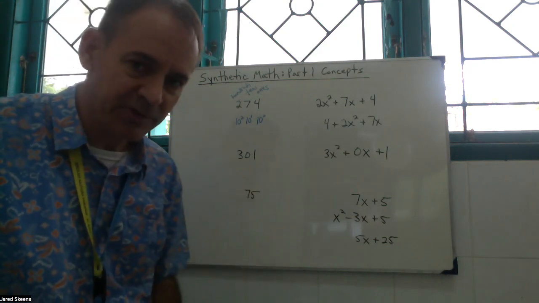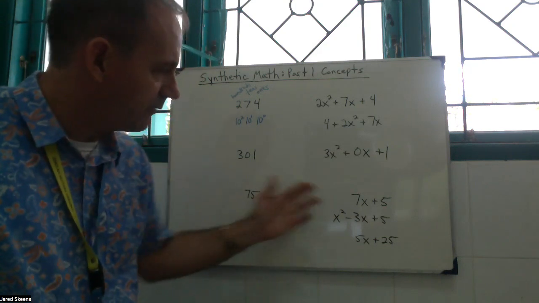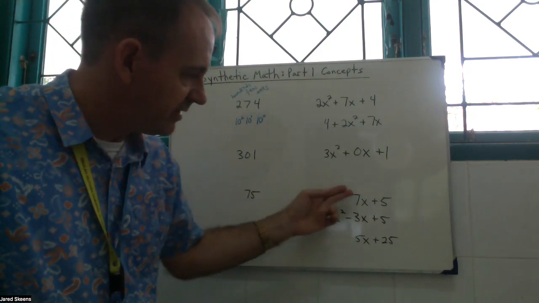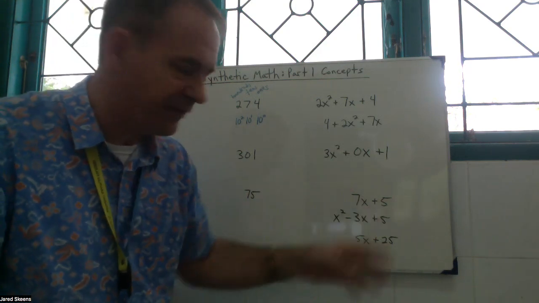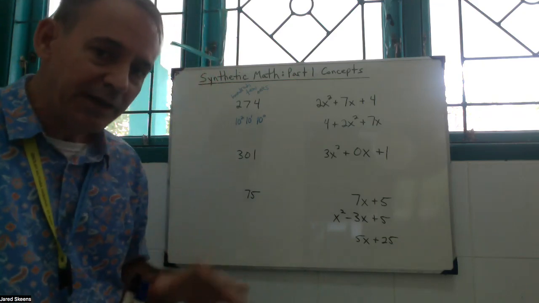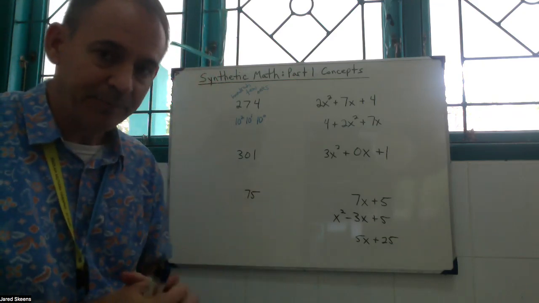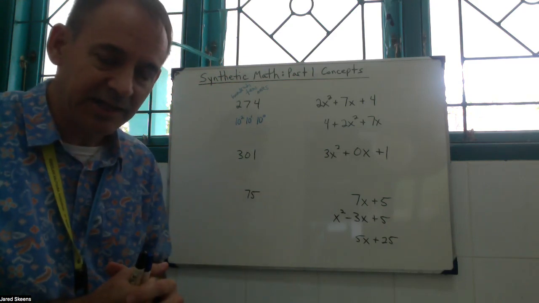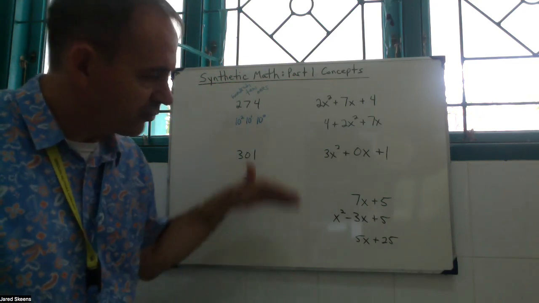Again, if our x represents 10, the most obvious expression would be 7 times 10 is 70 plus 5. So our 7x plus 5 could represent 75. But we're not limited to just building up. Because we're allowed double digit and negative numbers, we can also build down.